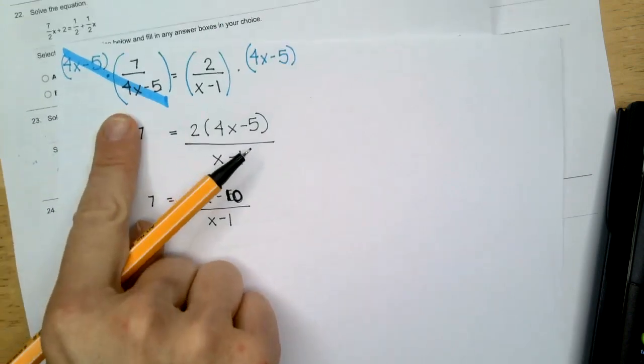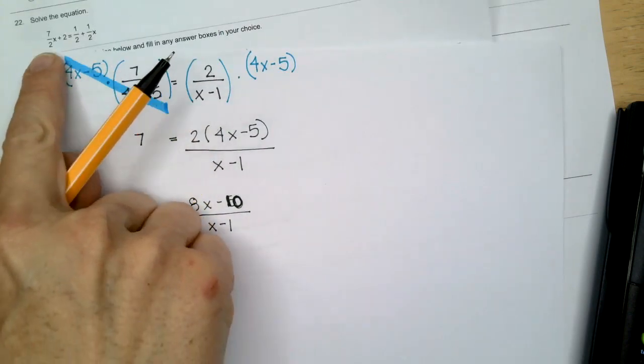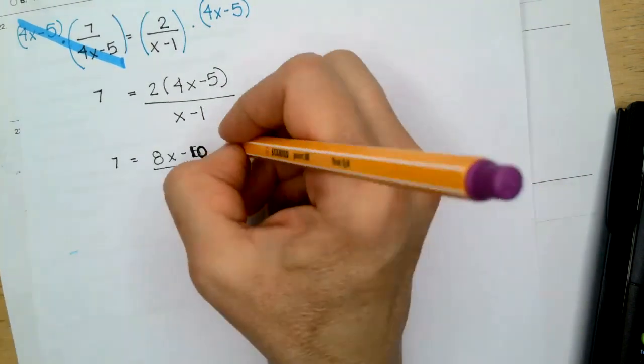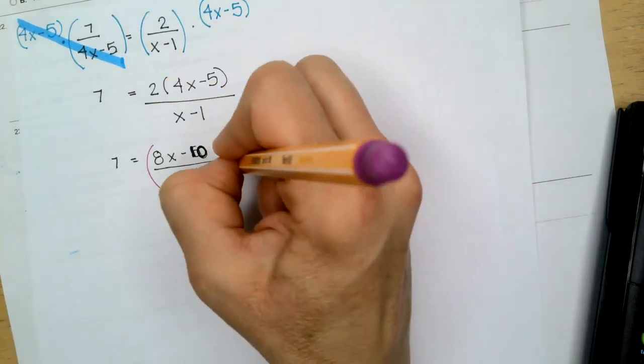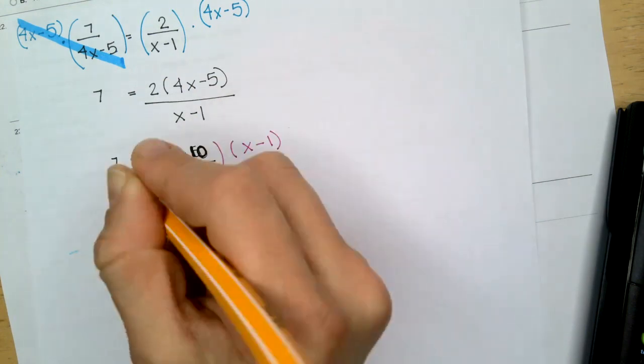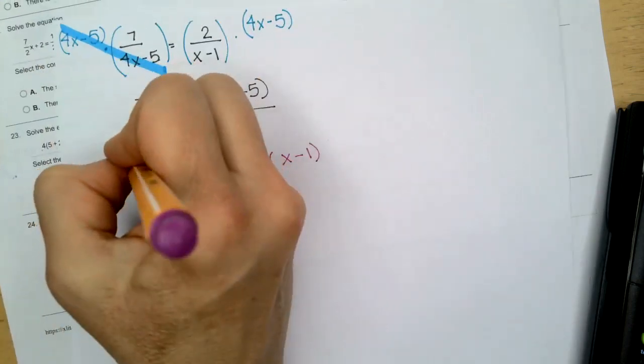What we want to do next is just like what we did over here. We got rid of the bottom of the fraction by multiplying by that denominator, okay? Take all of this. I don't want it to be a fraction, so I'm going to multiply it by x minus 1. That will cancel it just like it canceled this up here, but I have to do it to the other side.